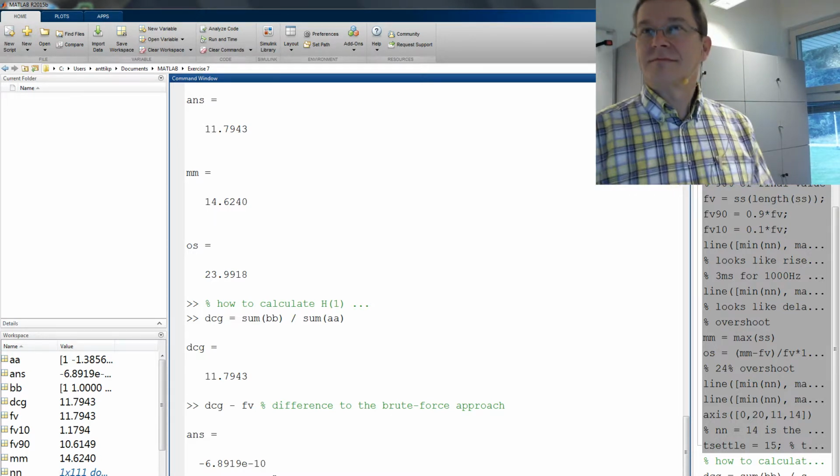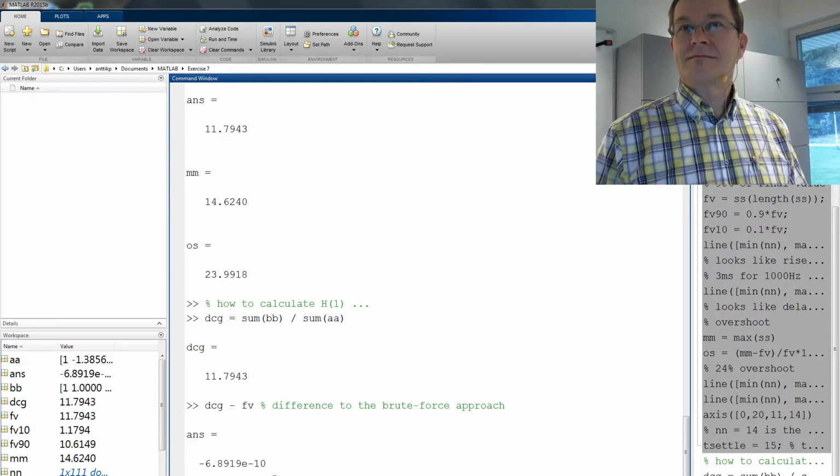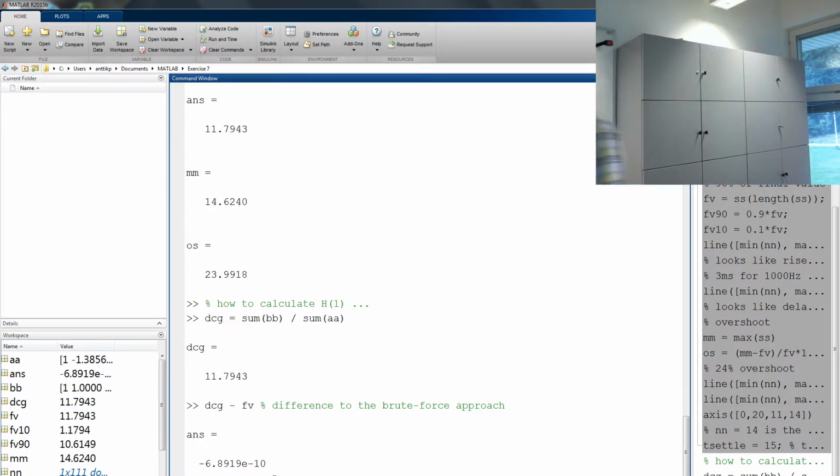Why can't you just sum all the coefficients to each other, and you don't have to compute 1 to the power of something? Yes, exactly.